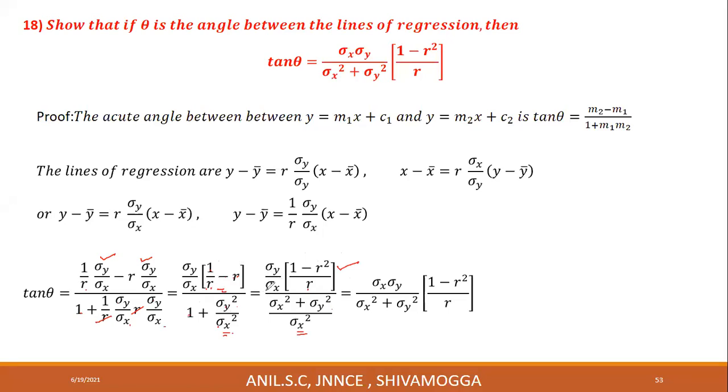Cancelling one sigma x, you get tan theta is equal to sigma x into sigma y divided by sigma x square plus sigma y square into 1 minus r square divided by r. That is what we require.